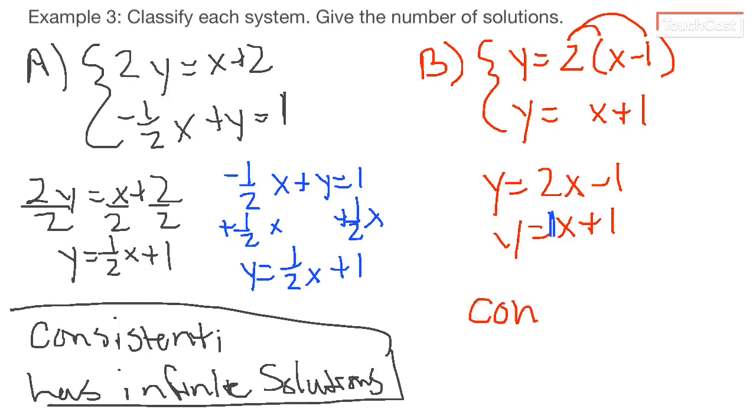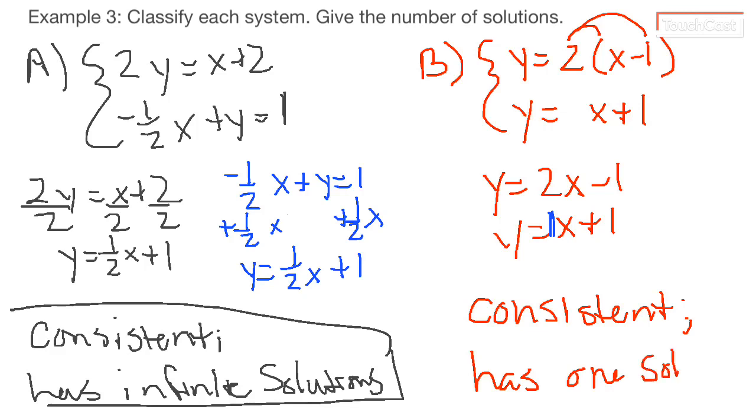If they cross each other, then they are consistent. And because they only cross at one point, because they're different lines with different slopes, there is one solution. So we can say it has one solution.